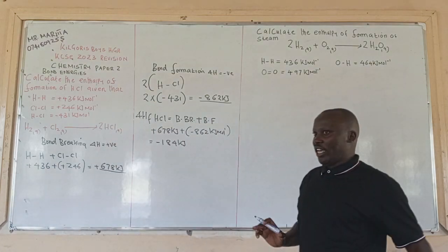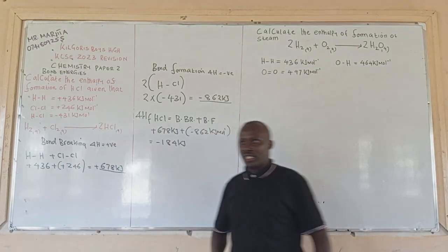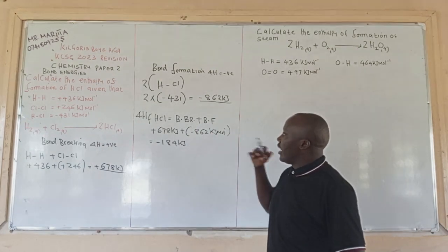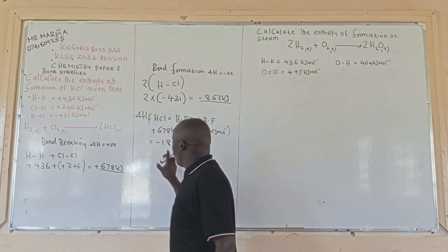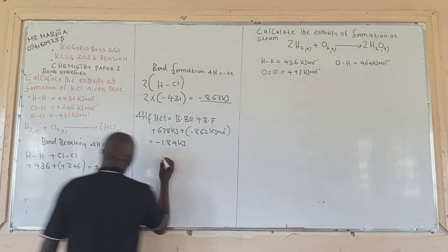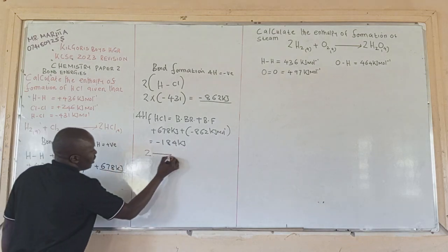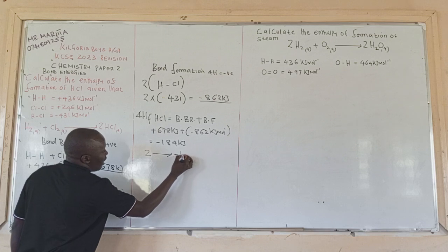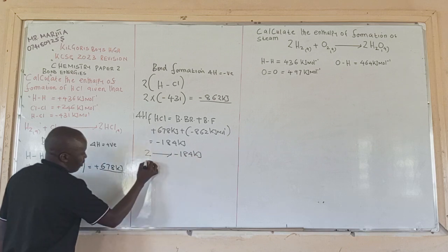Now this is not the end. We have 2 moles of hydrogen chloride, and we need the enthalpy of formation of 1 mole. So if 2 moles of hydrogen chloride is equivalent to negative 184 kilojoules, what about 1 mole?